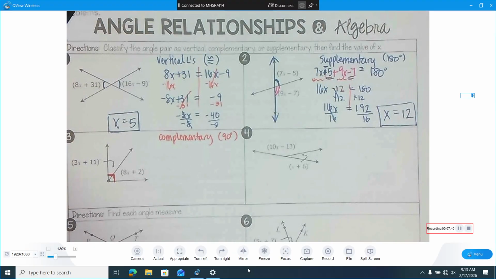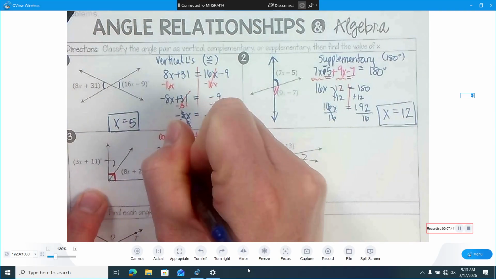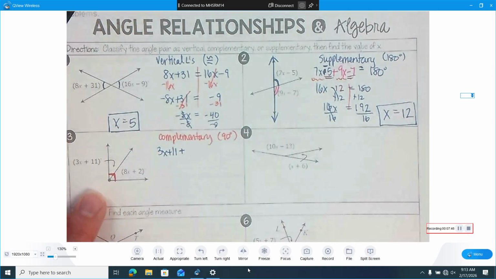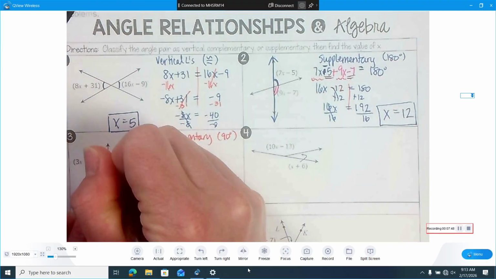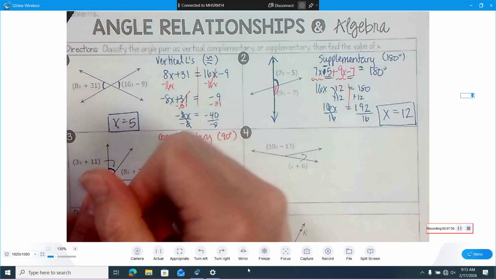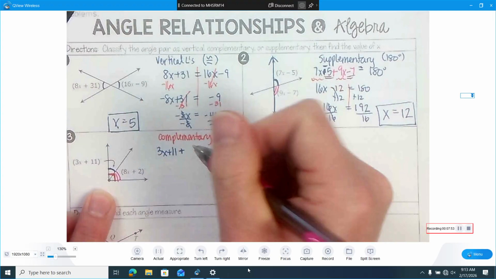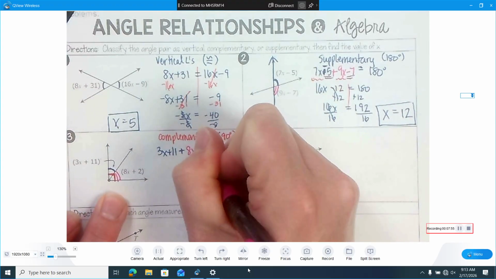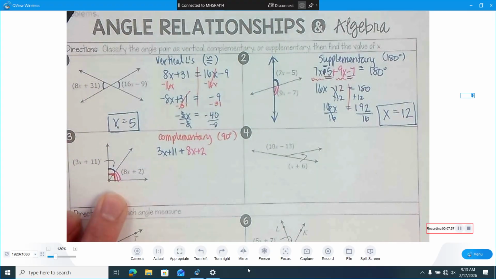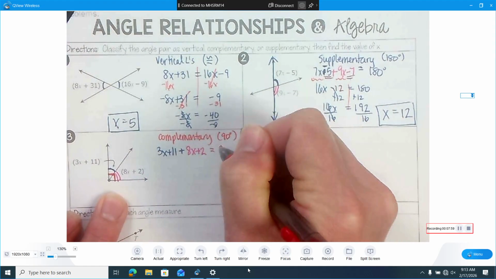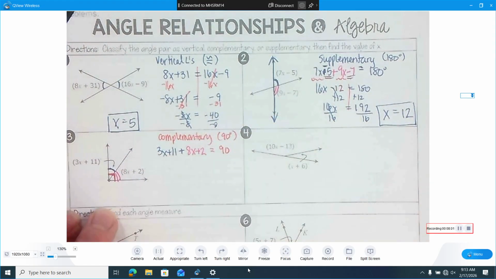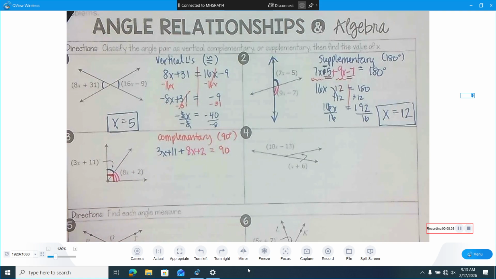So what equation are we going to write for number 3? 3x plus 11 plus, yeah, plus the 8x plus 2. So again, the little blue angle plus my pink angle, 8x plus 2, should equal our 90-degree right angle right there, because they told me it was the right angle.